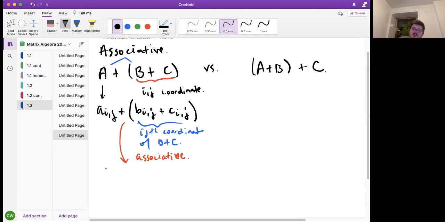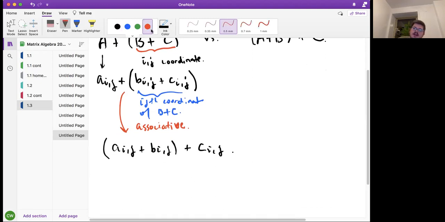So why don't we just group the first two together? But now, what expression is this? What are the entries in this matrix? These are entries of what matrix, I should say?